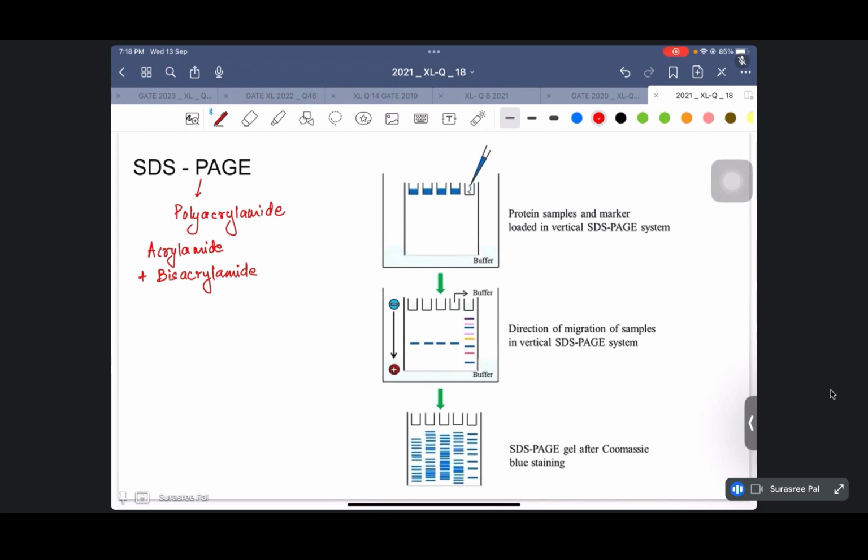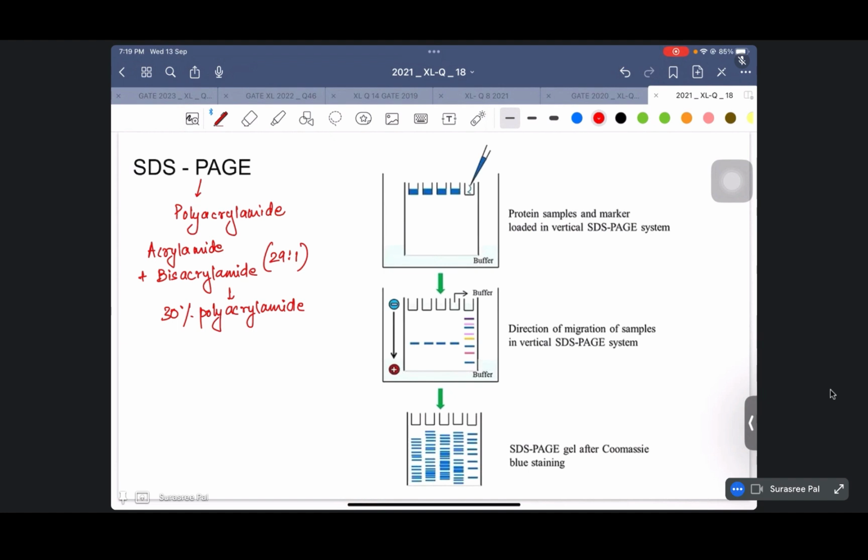Usually the ratio is 29:1, which makes 30% polyacrylamide. This is the usual ratio that we use normally. We can also make other ratios of acrylamide and bisacrylamide, depending on which samples we want to run in that particular gel.